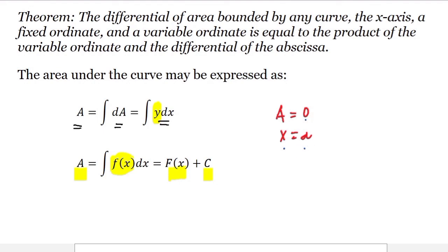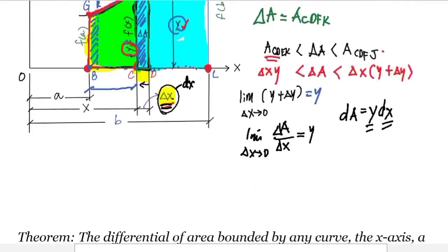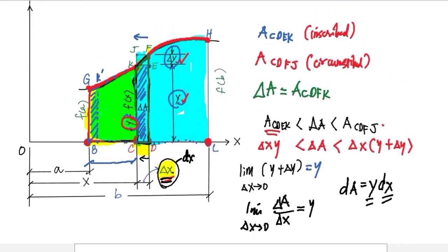So hence, area is also a function of x, and the area BLHG, the one I colored earlier, is the whole area from point A to point B. In this, our x is equal to b.